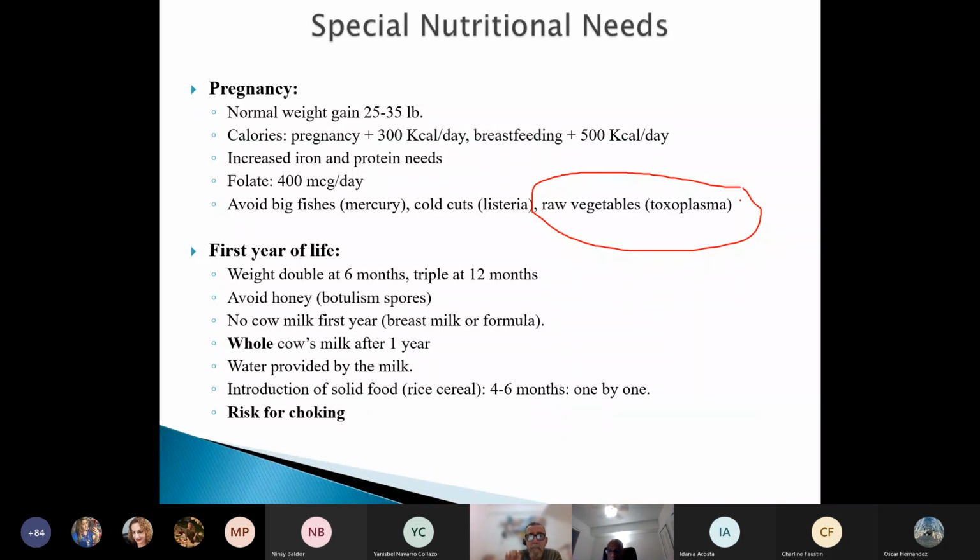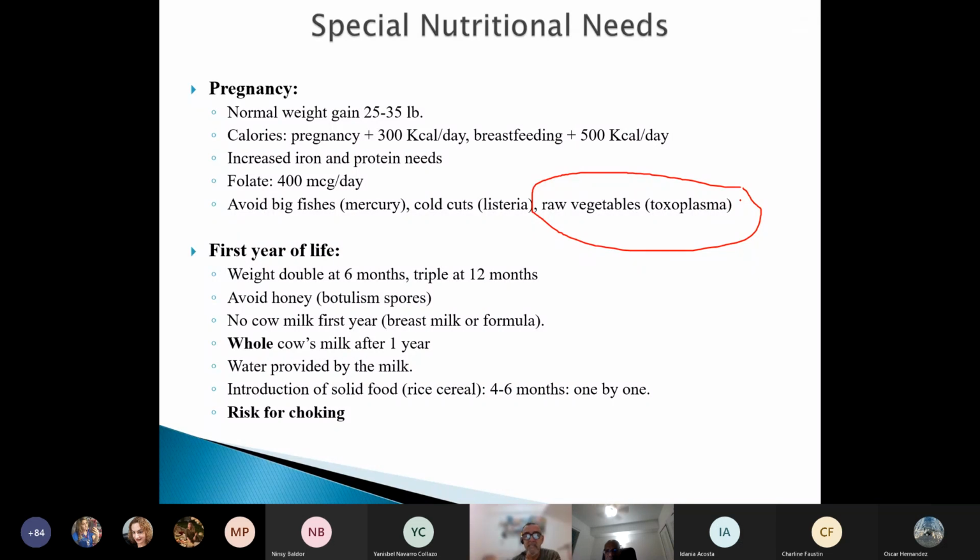Toxoplasma produces a very mild disease in humans, just like a flu-like syndrome with low fever or no fever at all, enlargement of the lymph nodes, a little malaise, myalgia, and then it disappears and is generally cured, leaving permanent immunity.